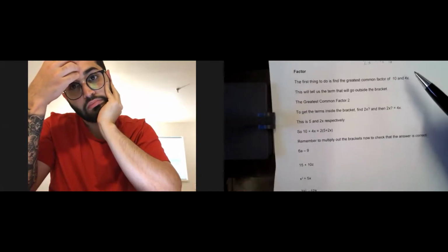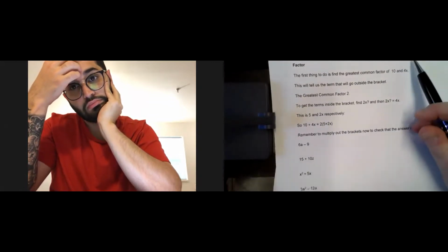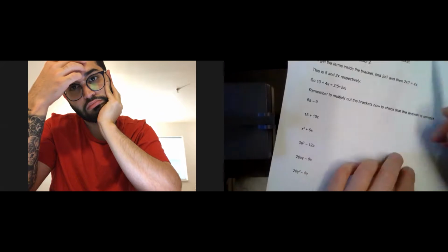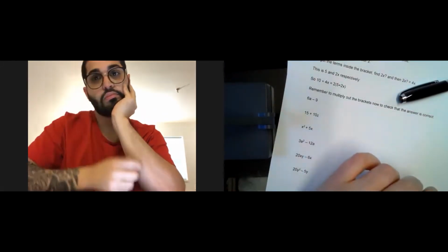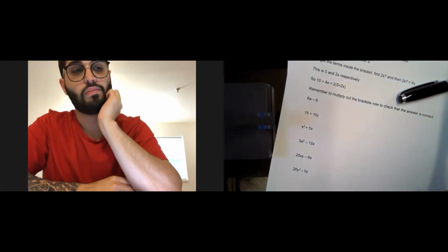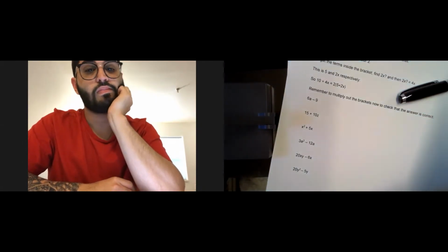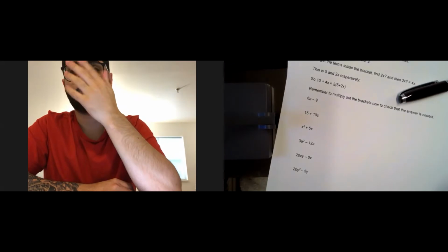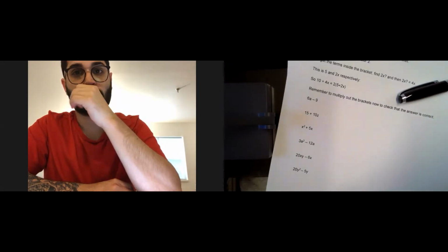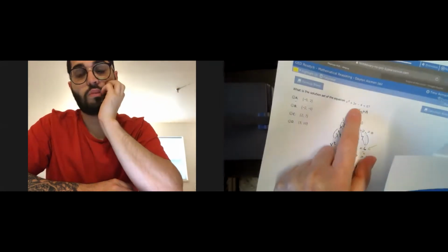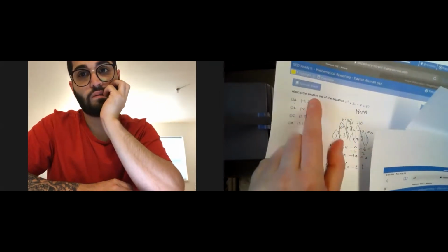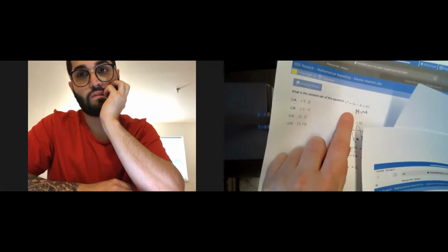So here is where we get into that factoring, and that is what is required for this one. That's what we're doing with this, we're factoring it out. I wish they would say, what is the solution based on factoring, but they're not.